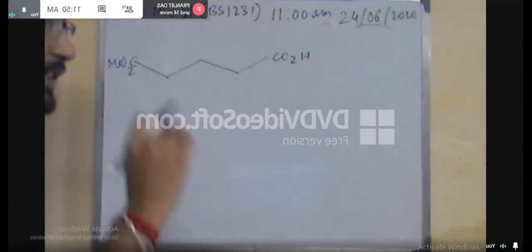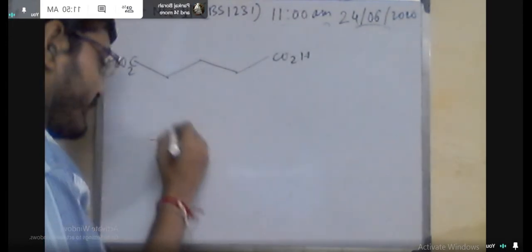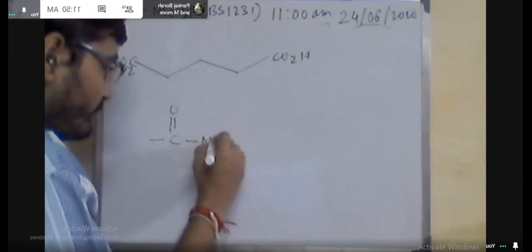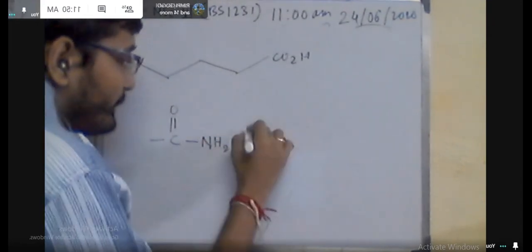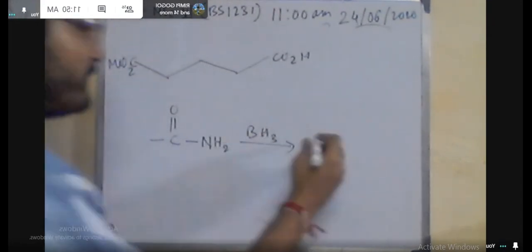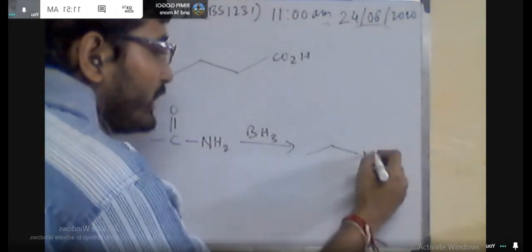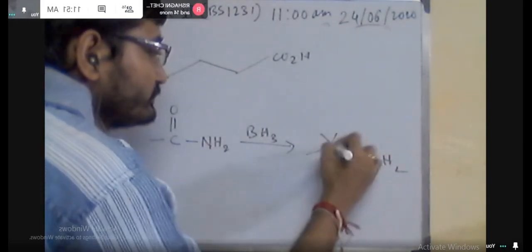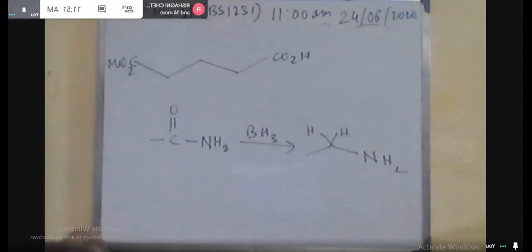So 1, 2, 3 anti-clockwise rotation and 4 being the lowest priority, so here the configuration is S. Similarly here this is 1, this is 2, this is 3 and 4. So 1, 2, 3 clockwise rotation, so the configuration is R. So basically an enantiomer is formed.